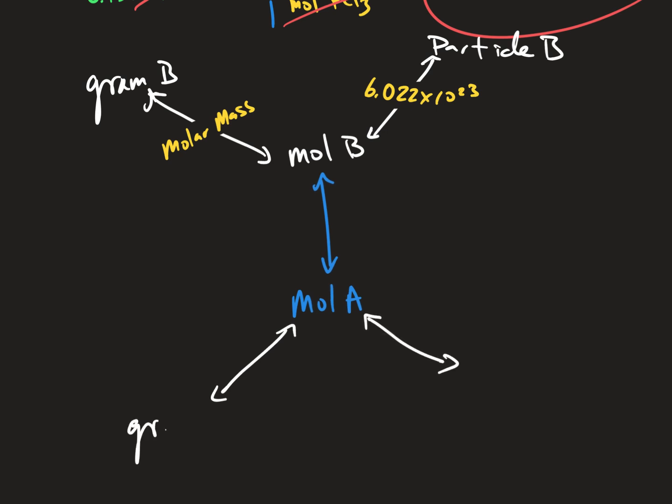So moles of A to grams of A, moles of A to particles of A. And we do it the same way. Moles to grams is the molar mass. And moles to particles is Avogadro's number.